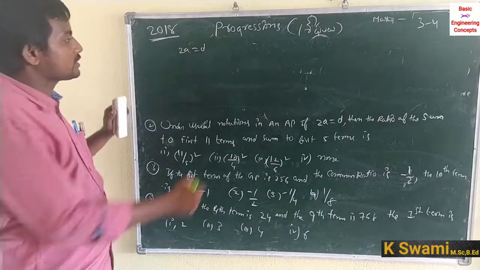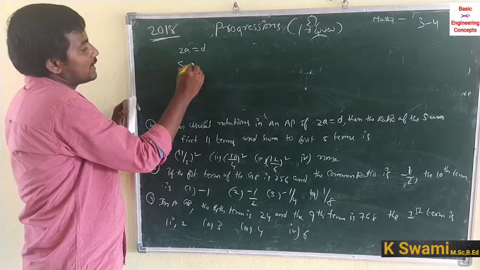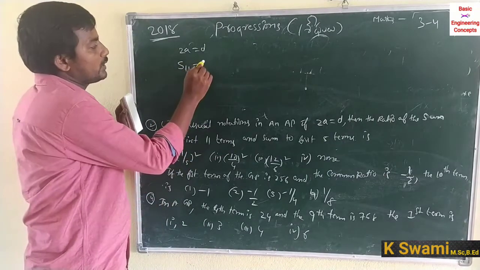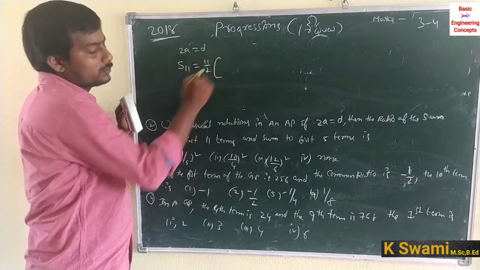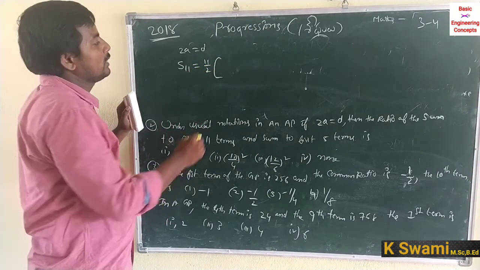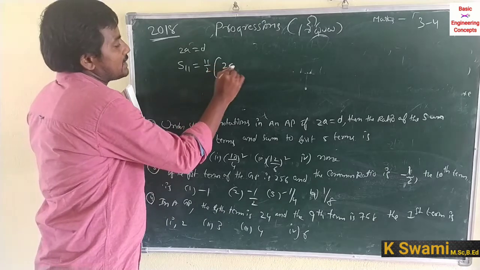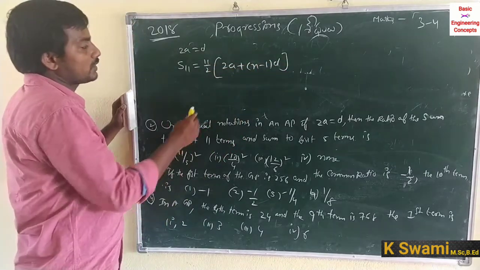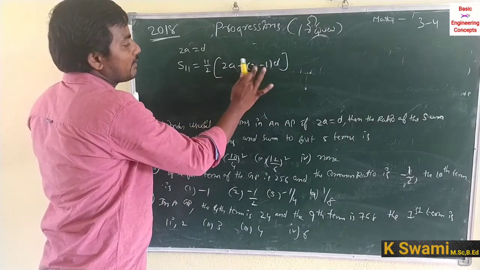So sum of the first 11 terms, S11 is equal to n by 2 into, అంటే 11 by 2 into 2A plus n minus 1 into D, where n is equal to 11.